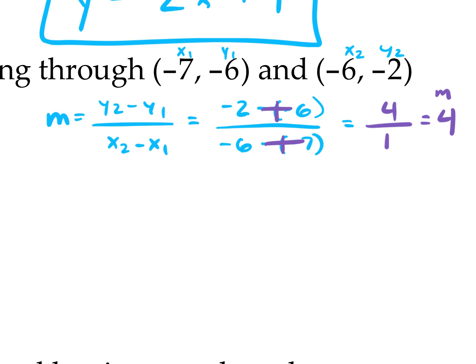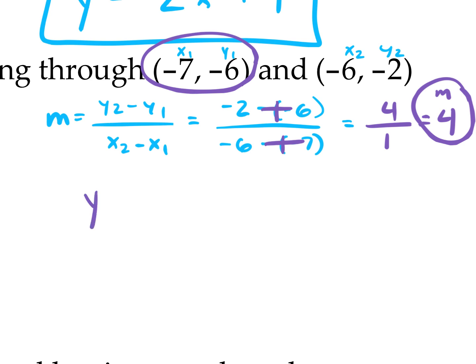Now do I have enough information to plug it into a line? Yeah. But I only have a point and the slope, so I have to use point slope form first. So my point slope form would be y, what would come next? Y plus 6 is equal to 4 times x plus 7. Awesome.